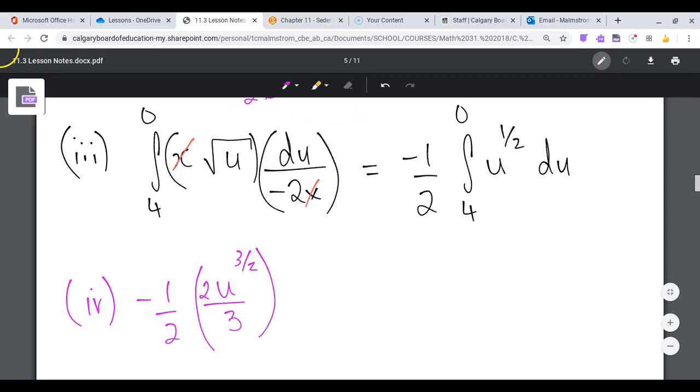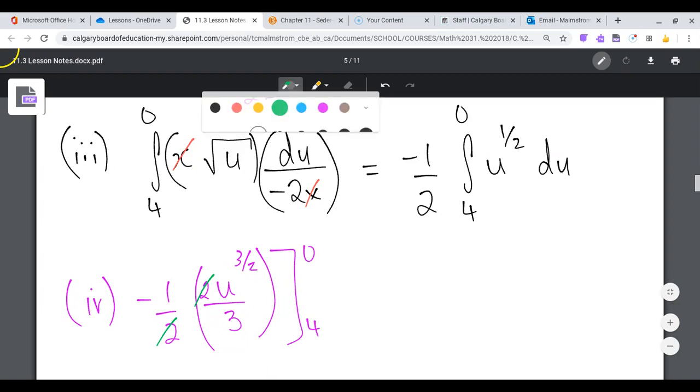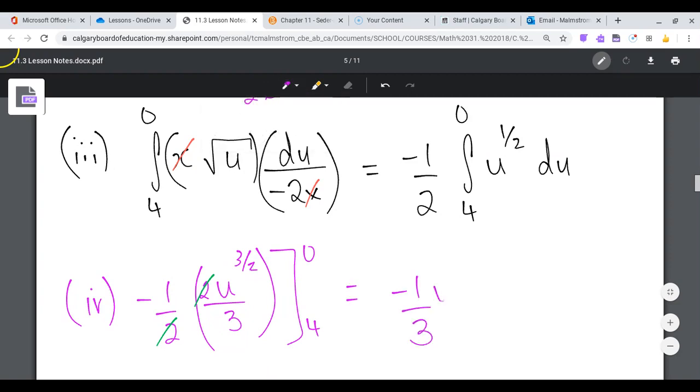So hopefully we can start to flip those fractions. And before I evaluate this from 4 to 0, I can see that these 2's are going to cancel. So maybe let's just do that right away. And so what I'm going to be substituting in for my, I can just do negative 1/3 u to the 3/2 evaluated from 4 to 0.